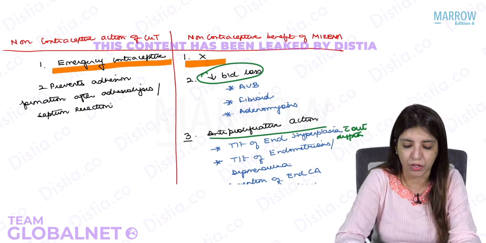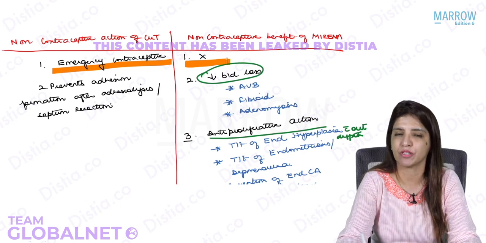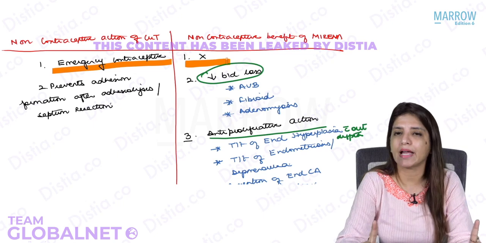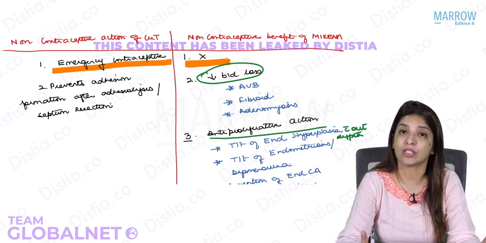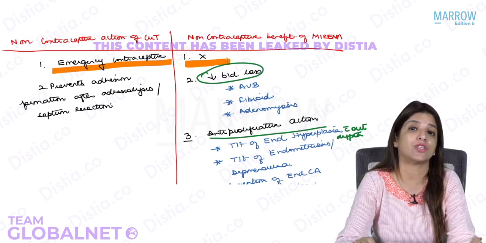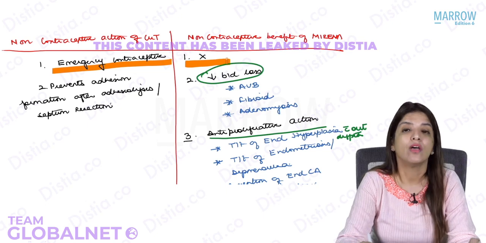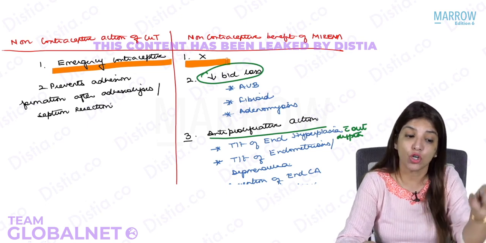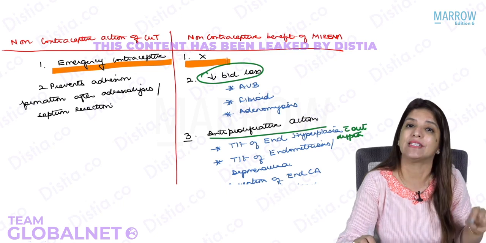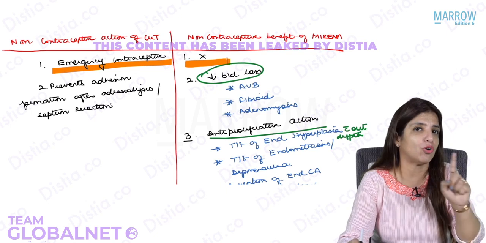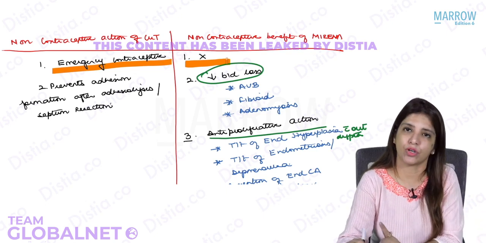Mirena cannot be used as an emergency contraceptive. Very, very important thing which you have to remember: copper T is the most effective emergency contraceptive, right? Whereas Mirena cannot be used for emergency contraception, although levonorgestrel tablets are used as emergency contraceptive. But Mirena cannot be used as an emergency contraception.